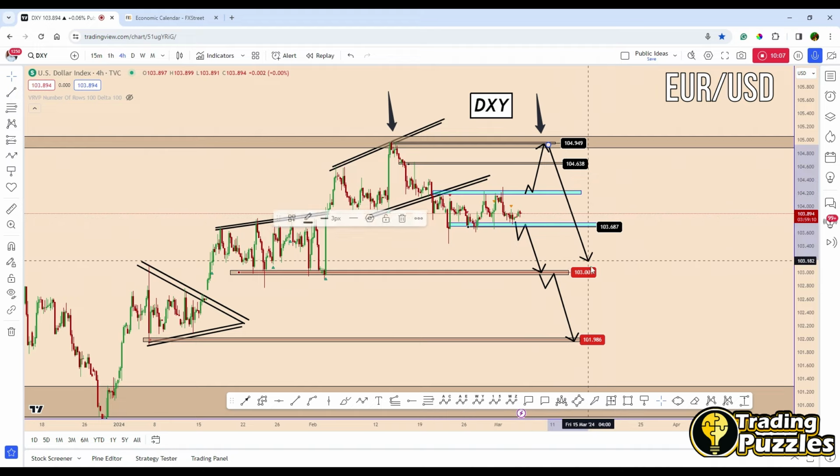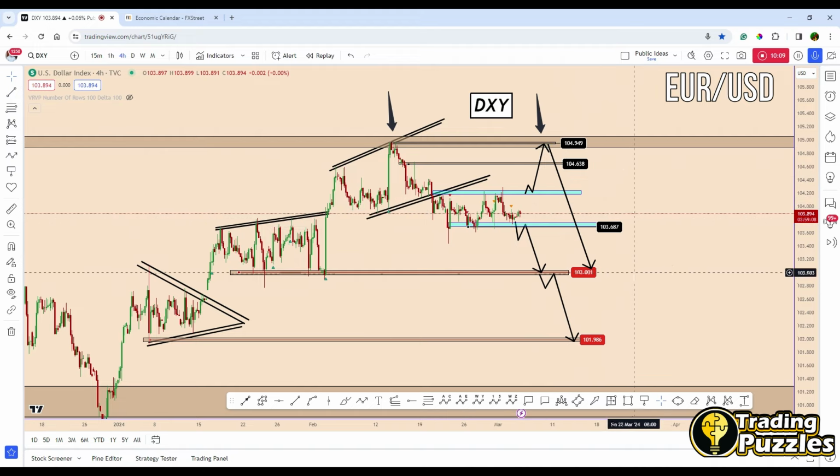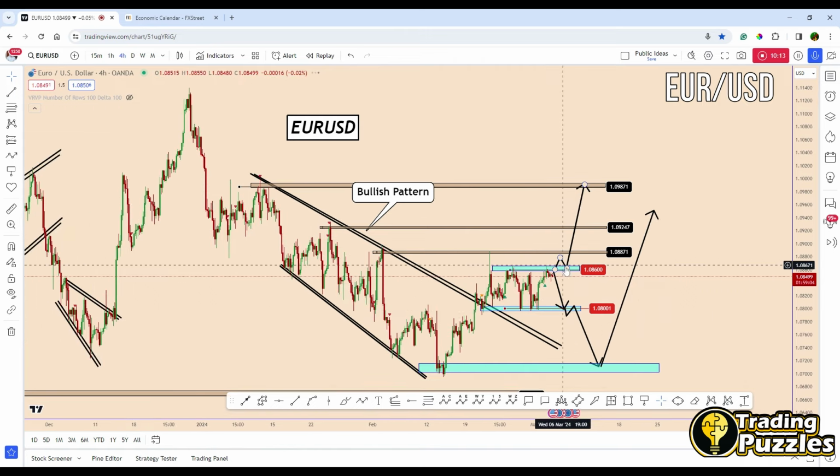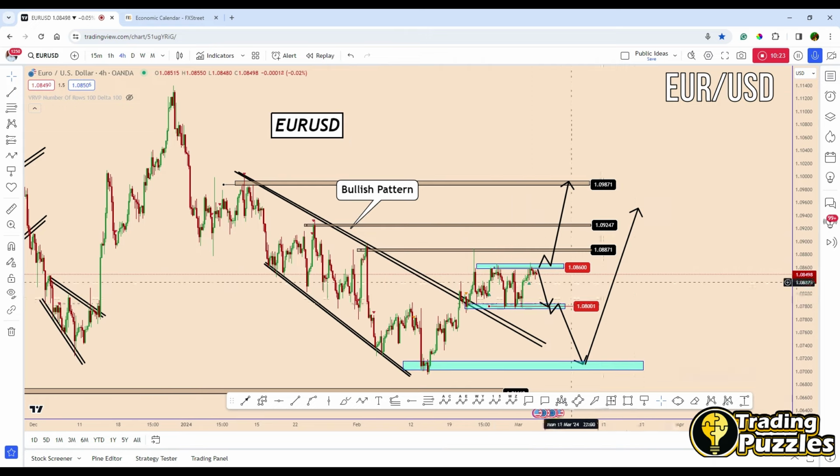So this is for the dollar index, two possible trading scenarios, and it will be in line with Euro USD. Euro USD should move above 1.0860 in order to rise further or to develop something bigger. So far it has been stuck in this area since a long time. So let's see what is going to happen this week.